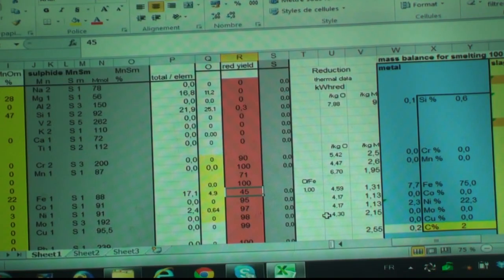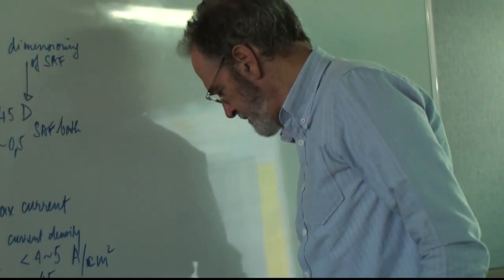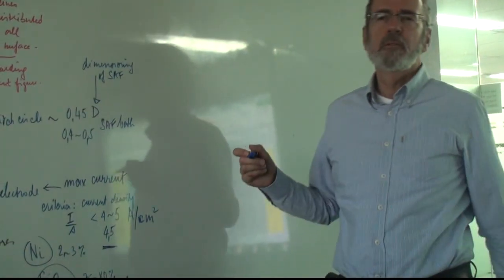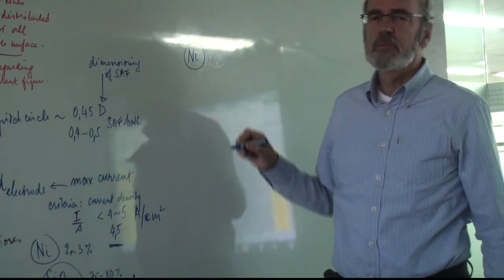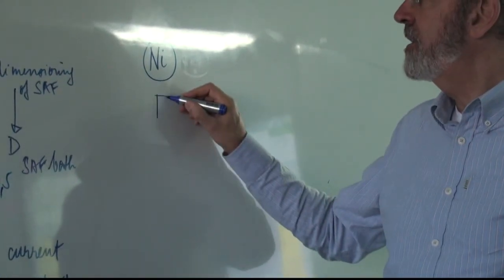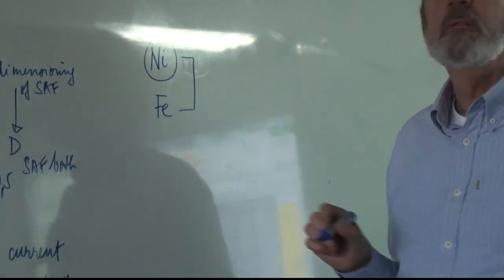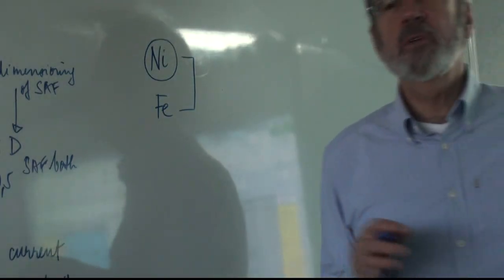In this case, you have very little nickel. The first objective is to fully reduce the nickel. And then for the iron, if the proportion of iron to nickel is correct in the ore, you can reduce all the iron.